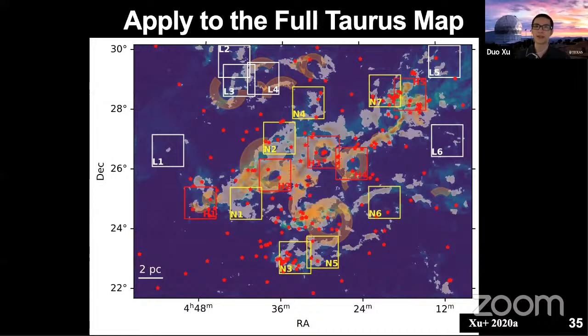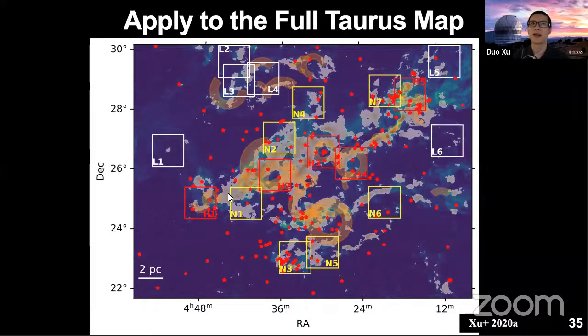Here is the large map prediction of our method. Red boxes indicate some high confidence bubbles, which have a star and were also identified before. The background is 13CO emission, and the orange arcs are the previously identified bubbles.